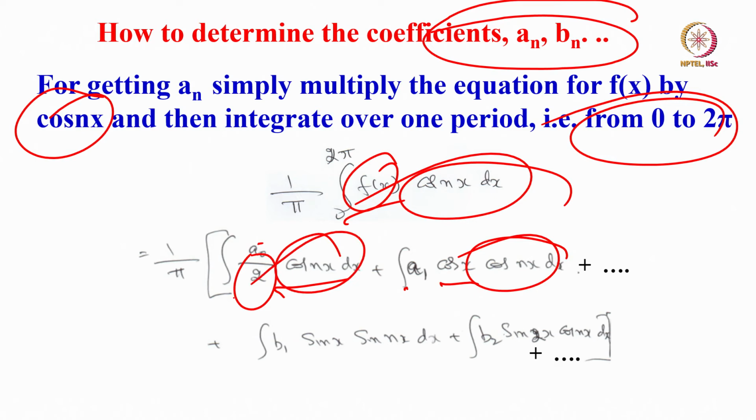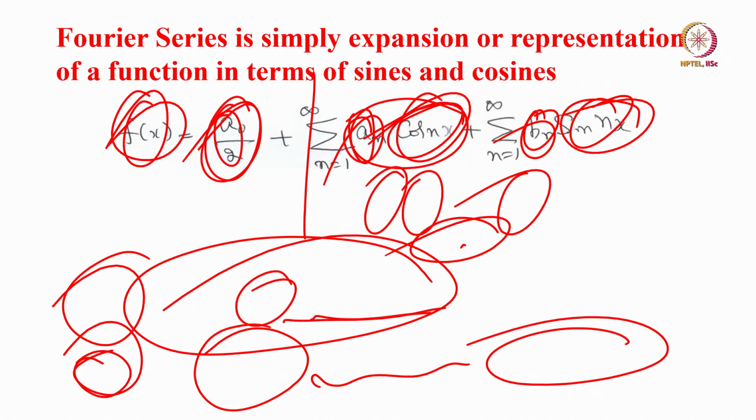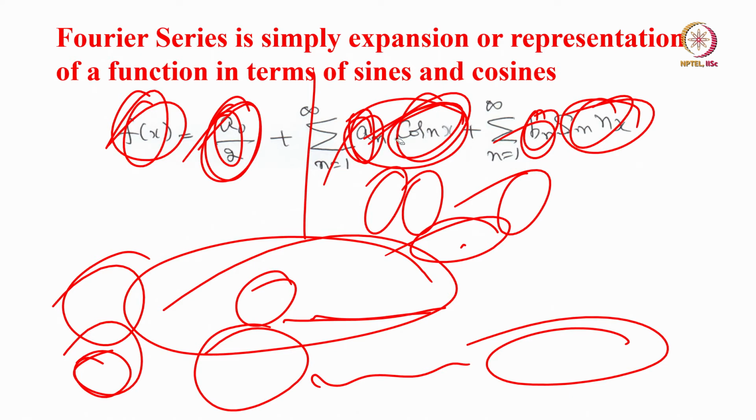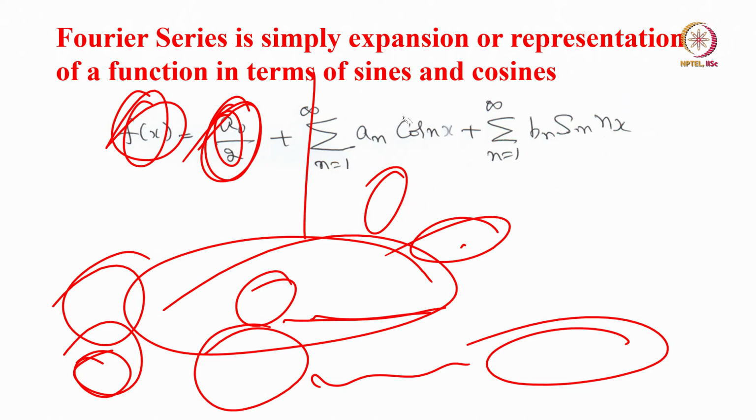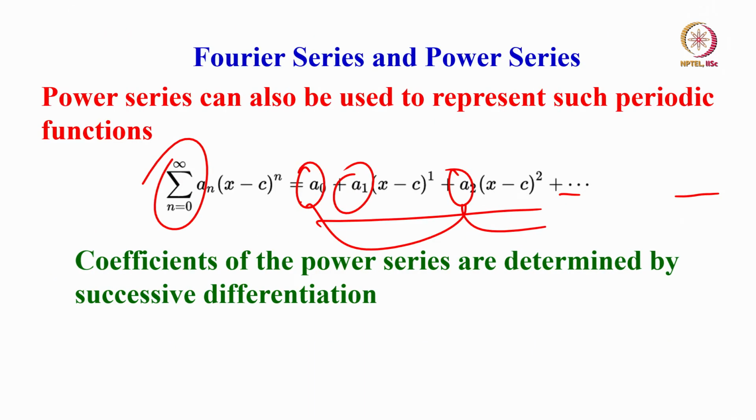If you want, I will go back and show you here. See, this is what I am using: the a naught by 2 equation, and I am multiplying by this cos n x and integrating. That is all I am doing here.